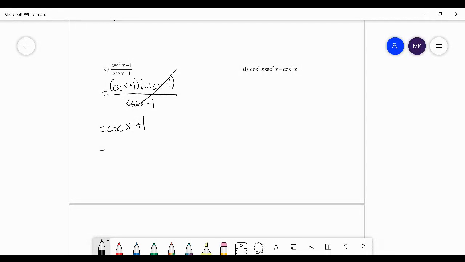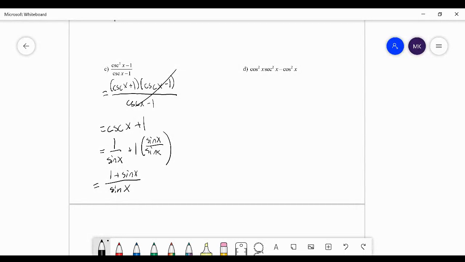So cosecant x is just 1 over sine x, then we have plus 1. To add these together, I need to multiply this 1 by sine x over sine x, giving me 1 plus sine x all over sine x.